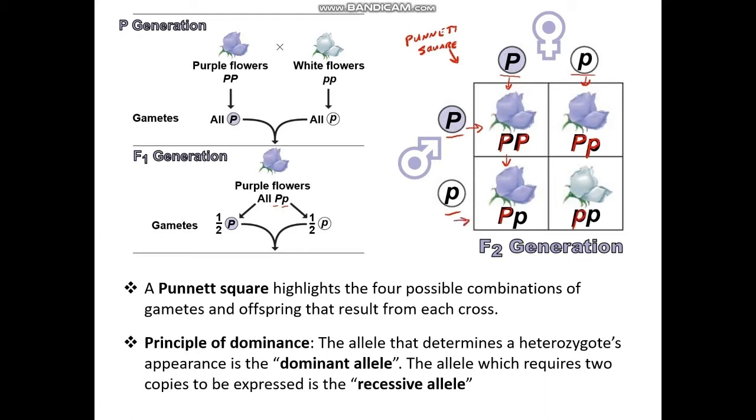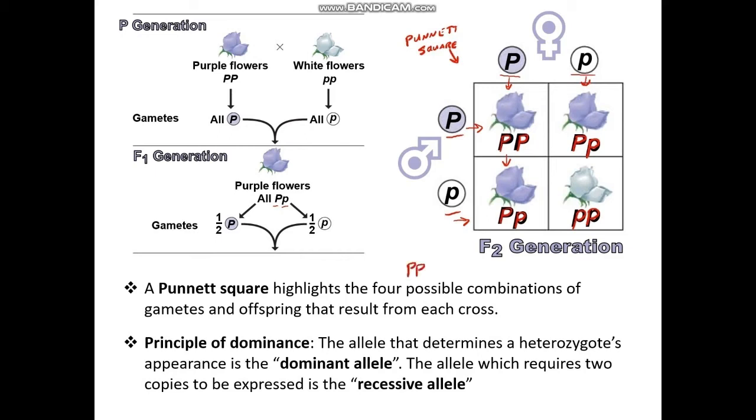Go across this way, recessive allele and recessive allele. These squares represent the four possible kinds of offspring that these two parents could possibly have. Unlike with the P generation going into the F1, there's actually more than one kind of offspring that you can end up with.